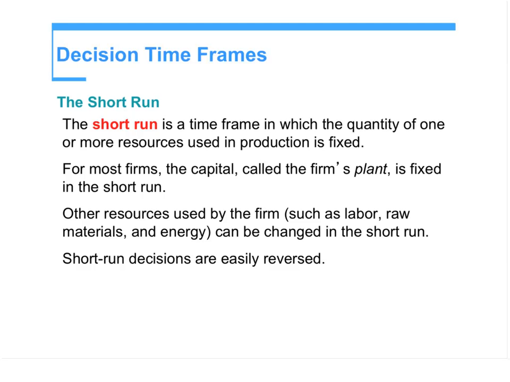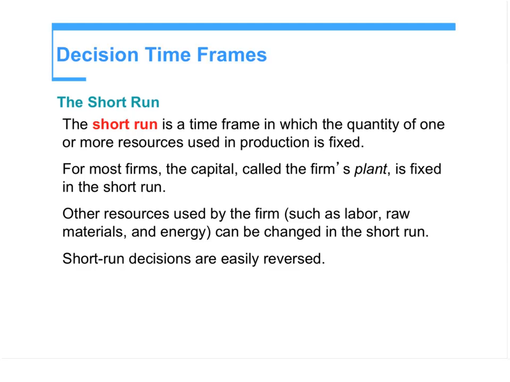For most firms, the capital, called the firm's plant, is fixed in the short run. So in the short run, we need the capital of the firm to be the same.